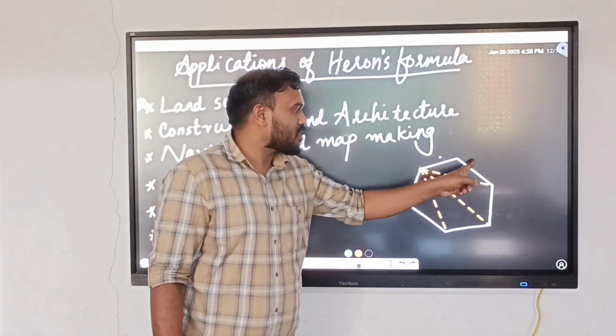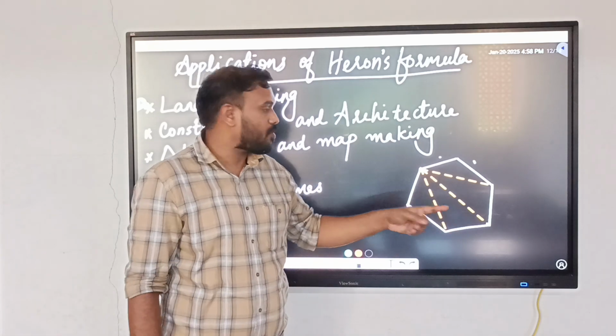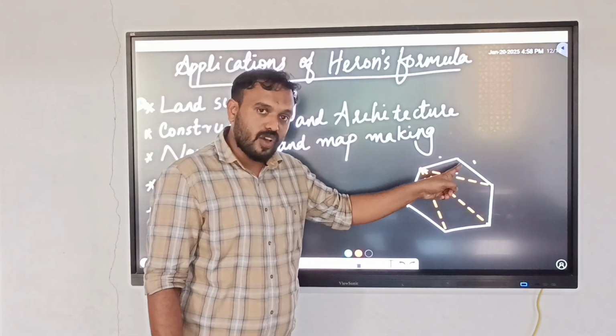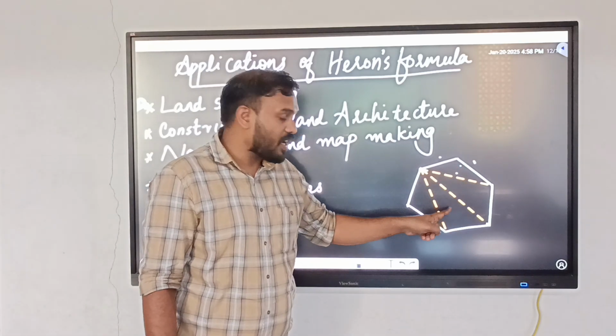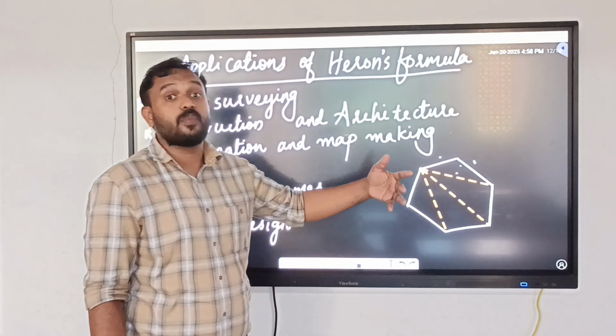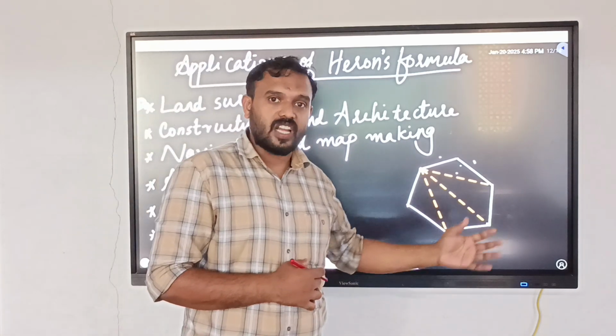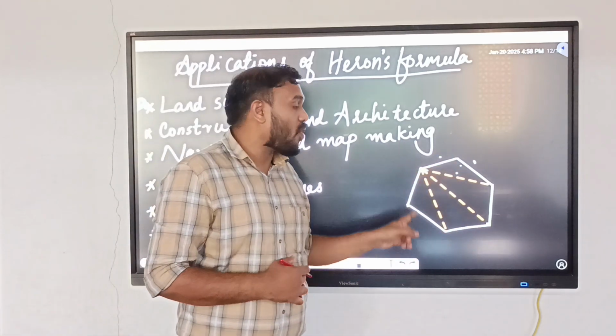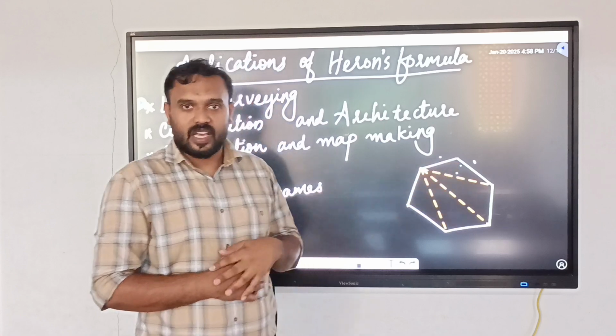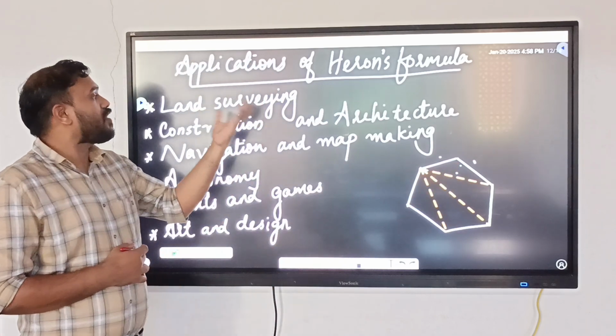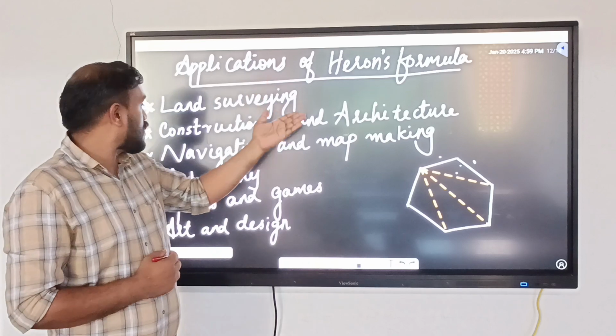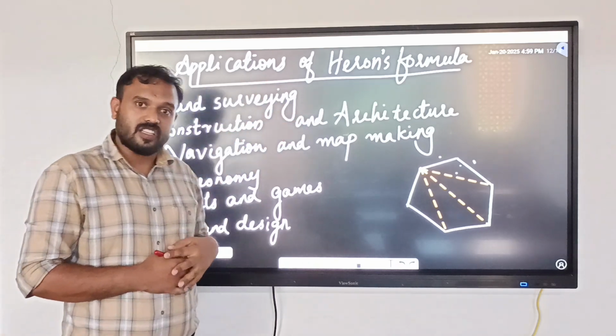Then they can find the area of one triangle, the next one, similarly the next one, and finally this. Like this they can measure the area of each triangle, and finally the sum of all areas will be the area of the land. So we will use this Heron's formula especially in land surveying and construction and architecture also.